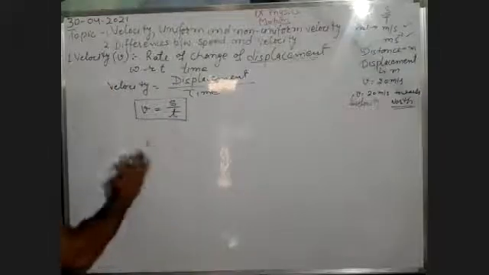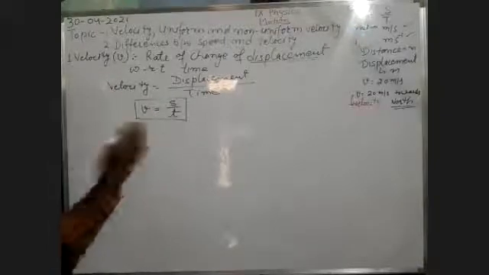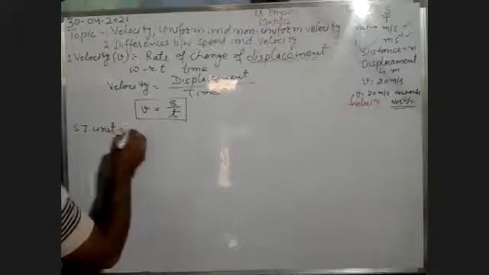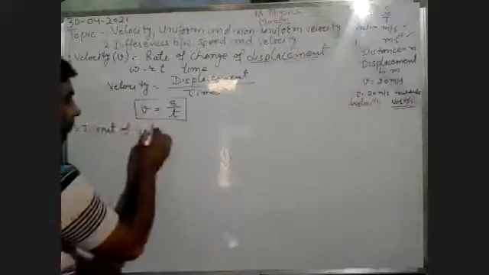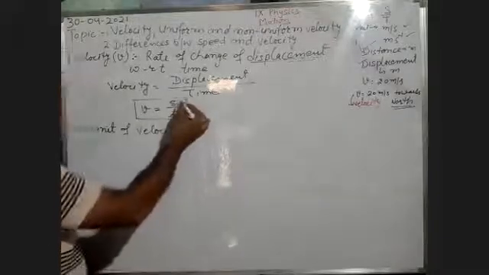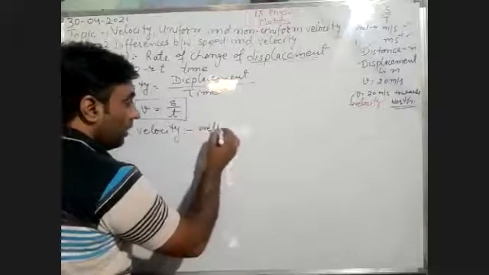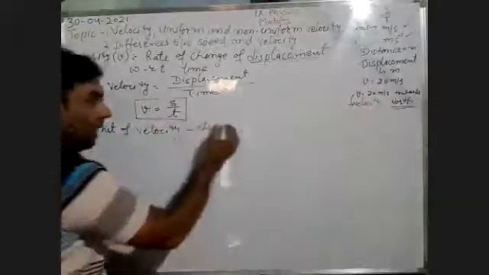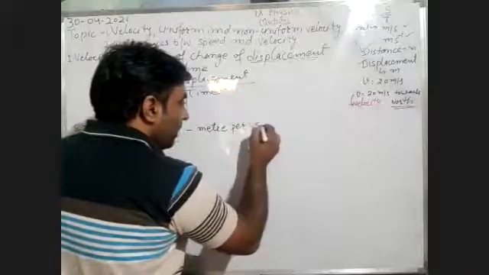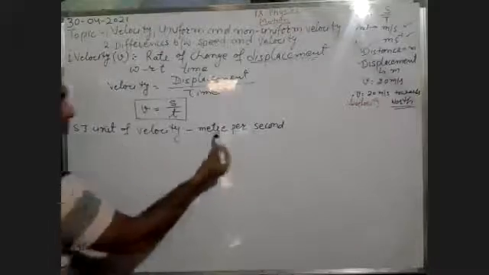With the help of this formula, we can calculate the SI unit of velocity. Here we are using displacement s, which is measured in meter, divided by time, and time is measured in second. So SI unit of velocity is meter per second.